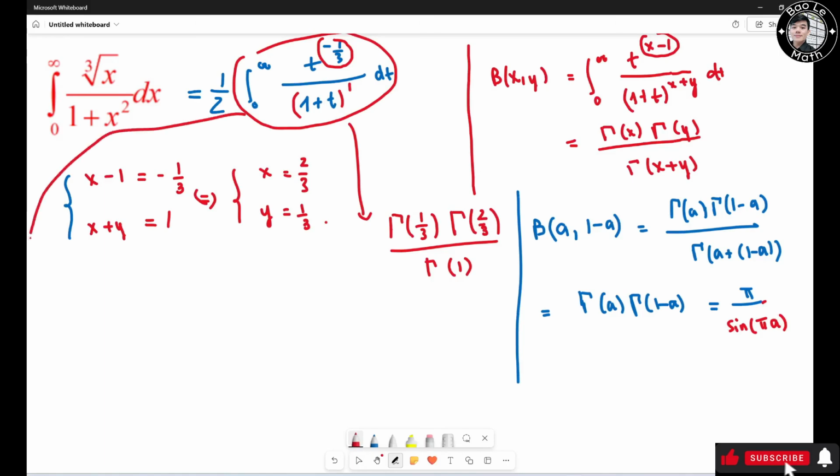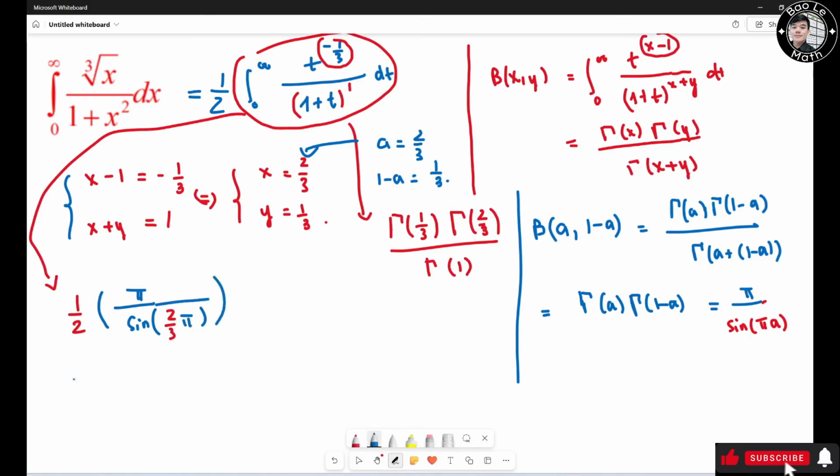So from this I have 1/2 of. Now remember that a in this situation is gonna be 2/3, which means the s value right here, and 1 minus a means 1/3. So you have 1/2 times pi over sine of 2 over 3 times pi.